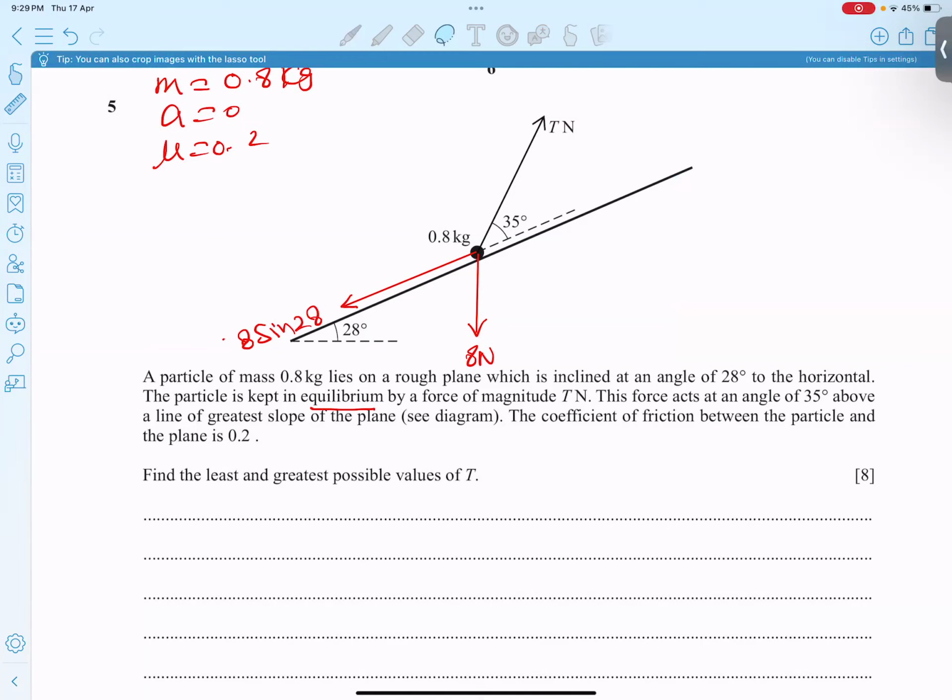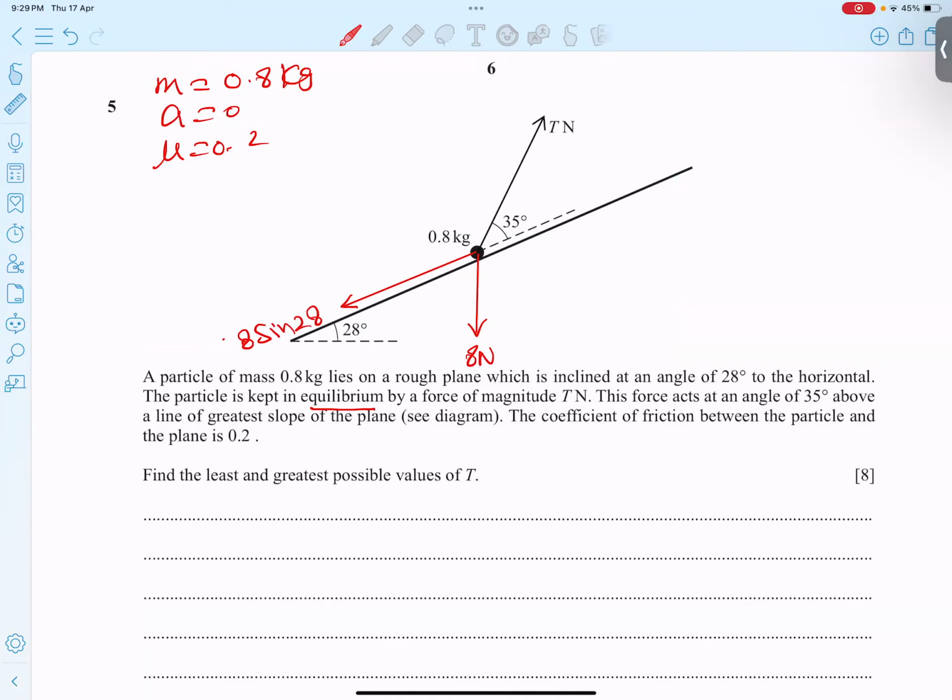Now students, obviously T has two components. One is acting this way. I will talk about friction at the end. This is 35, so T cos 35 is one component acting here. I did not talk about friction up till now.